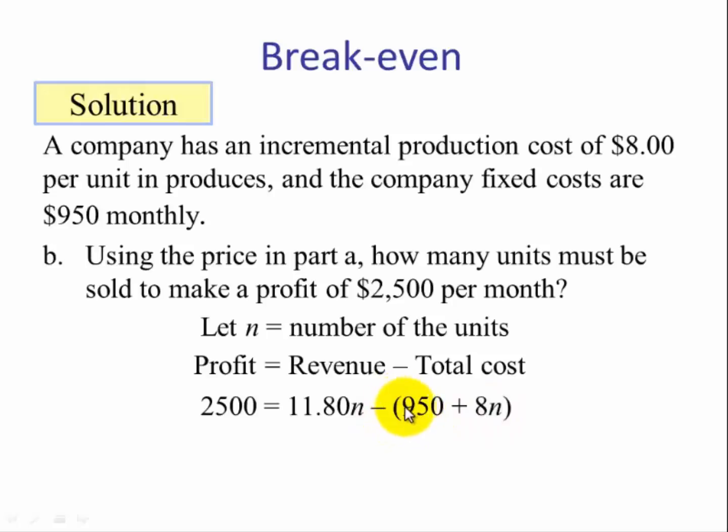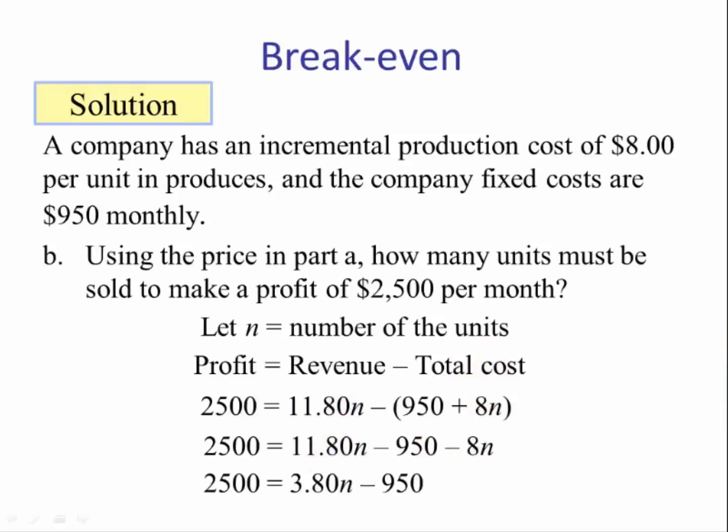The next step is we want to distribute the negative. The equation now becomes 2,500 equals 11.8 times N minus 950 minus 8N. Now we combine like terms. We get 2,500 equals 3.8 times N minus 950.